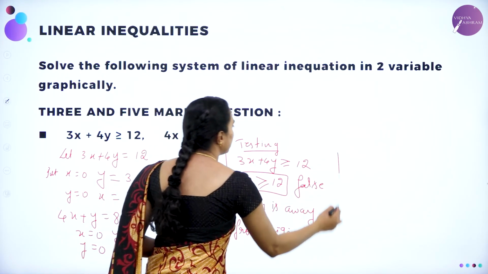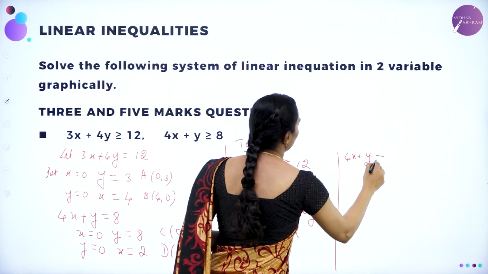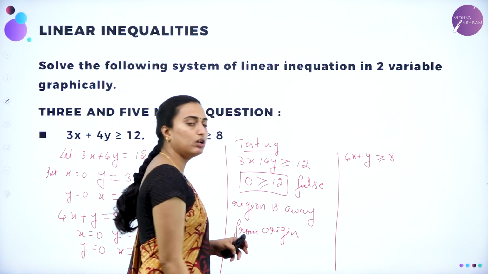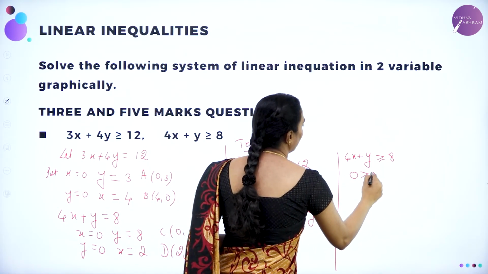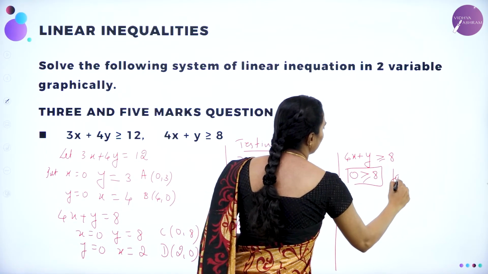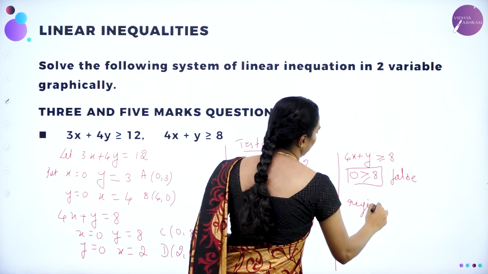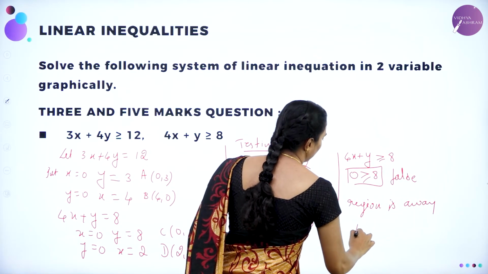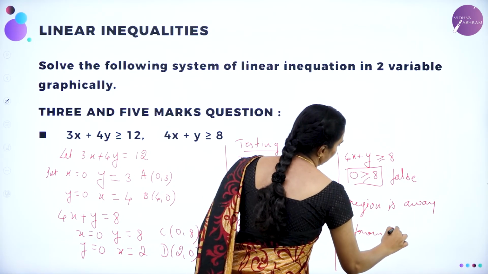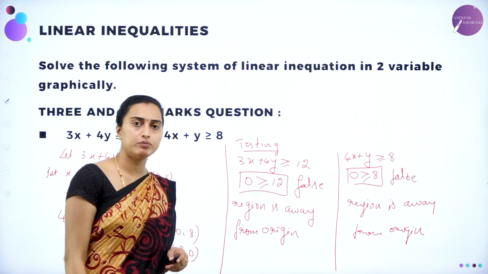Now, next we take this inequality, 4x plus y is greater than or equal to 8. Put 0, 0 is never greater than 8 or equal to 8. This is also false. So this region is also away from the origin. Correct?